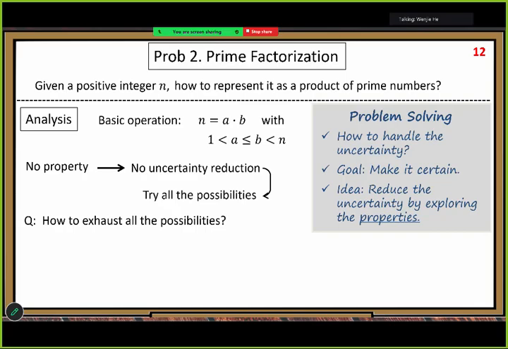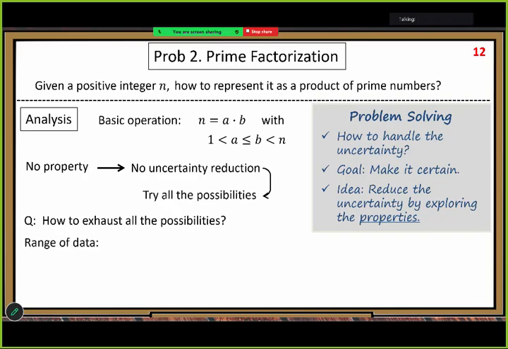So now we answer this question: how to exhaust all the cases for A-B pairs. We consider A-B pairs, a pair of positive integers. We want to try all the possible A-B pairs.